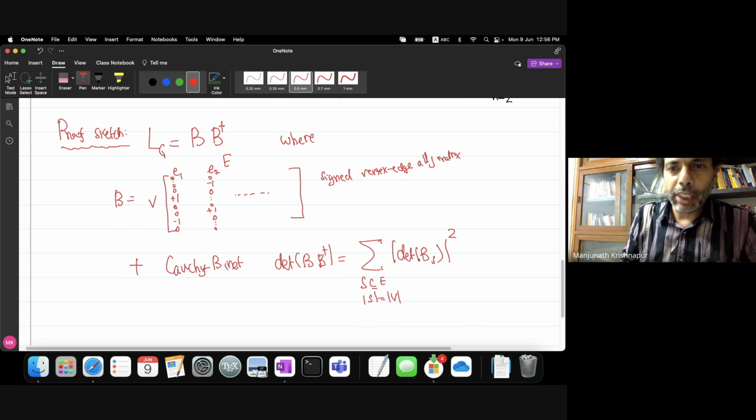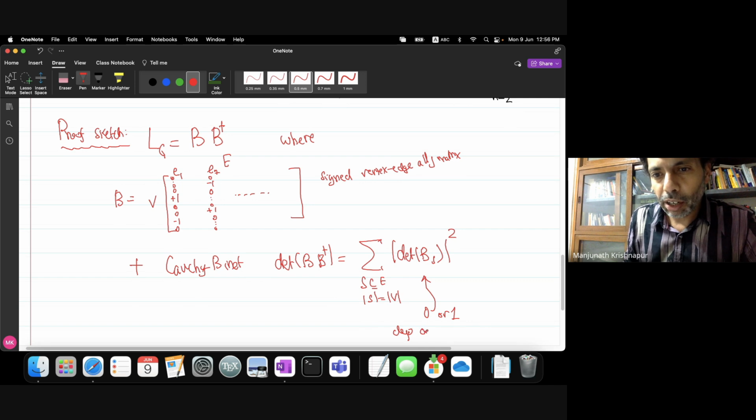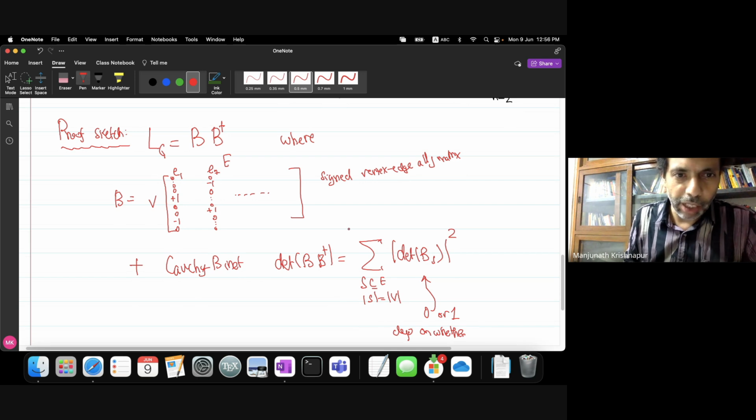So what happens here in the particular situation at hand is this is 0 or 1, depending on whether S is a subset of edges, right? Well, okay, sorry, I should have removed one row because we have to go to LG tilde. I made a mistake.